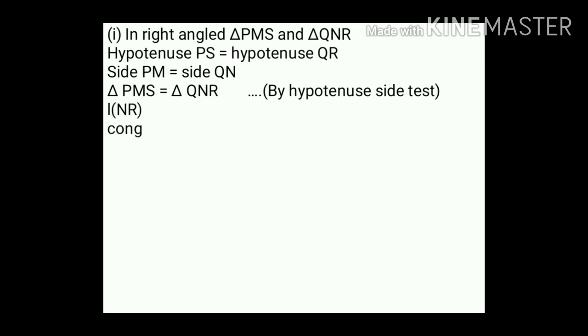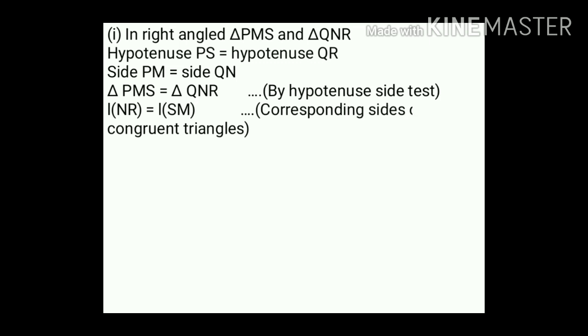Okay. Length NR equal to length SM. NR and SM, these two are congruent and equal by corresponding sides of congruent triangles. Okay, children. Length NR equal to 3 centimeter.